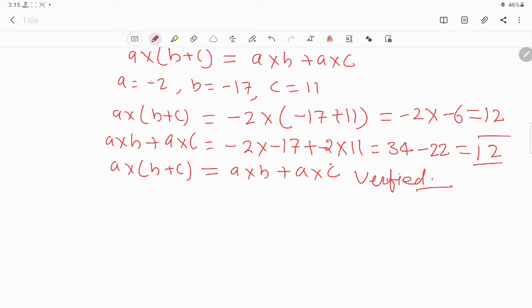Now see question number 6. Find its product by using the properties of multiplication.